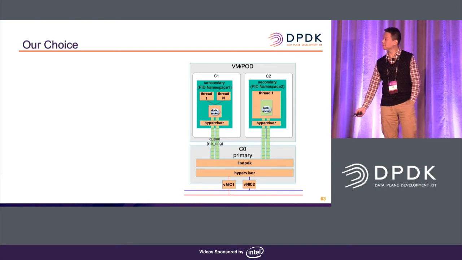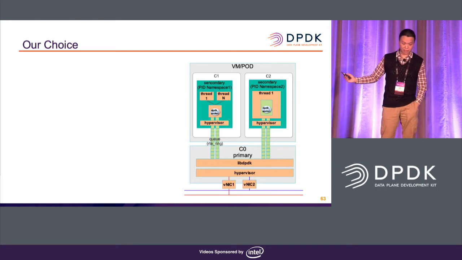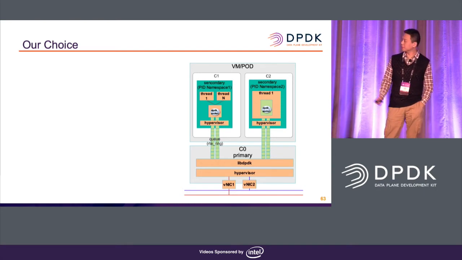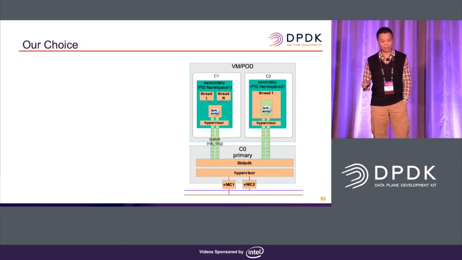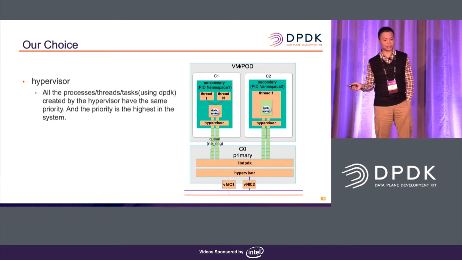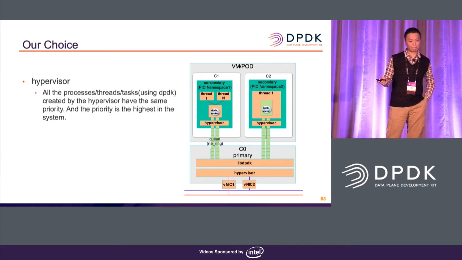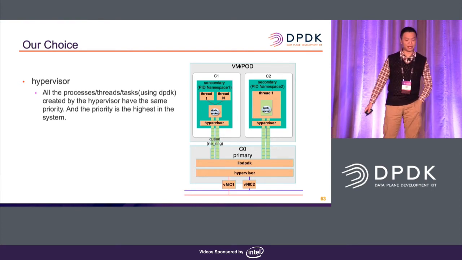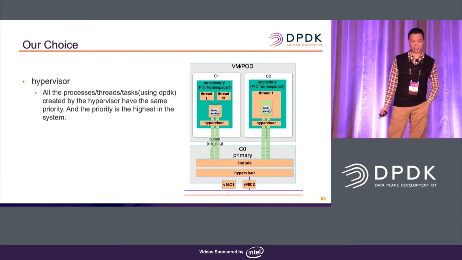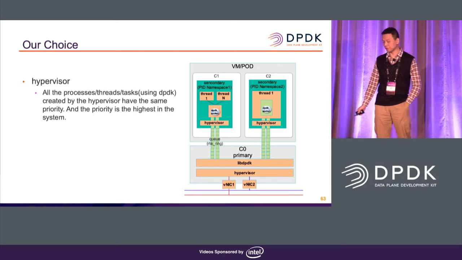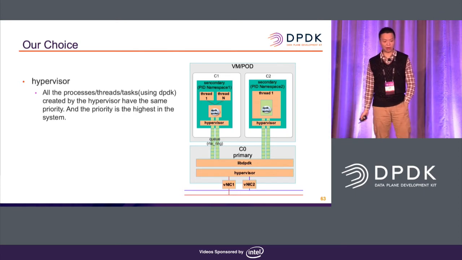Our choice is to add a hypervisor to all the containers, just like the picture shows. For this hypervisor, all the processes, threads, and tasks using DPDK created by the hypervisor will have the same priority, and the priority is the highest in the system.